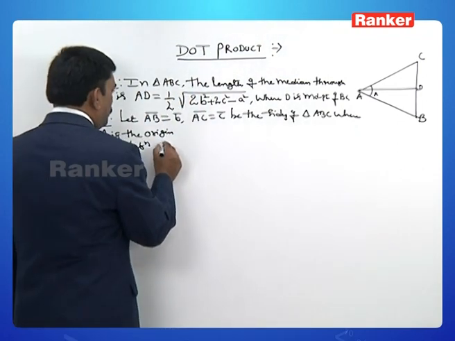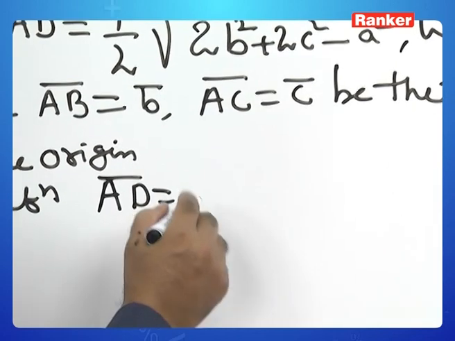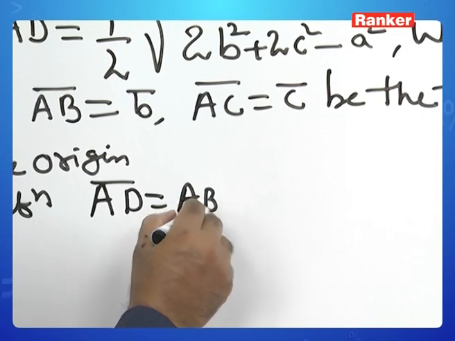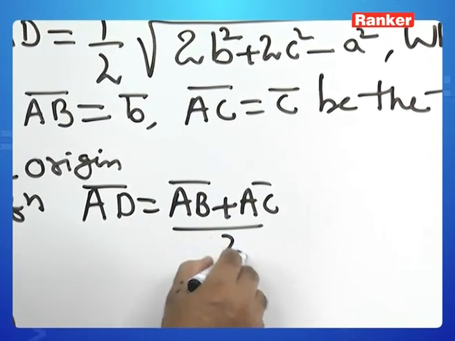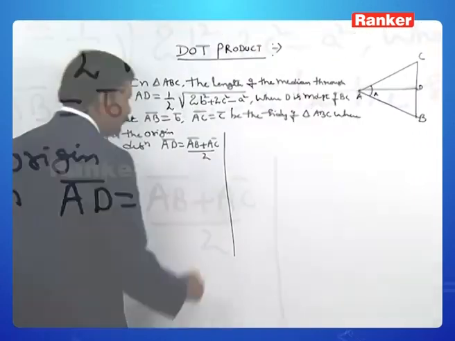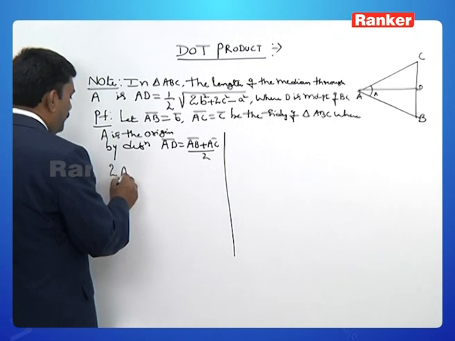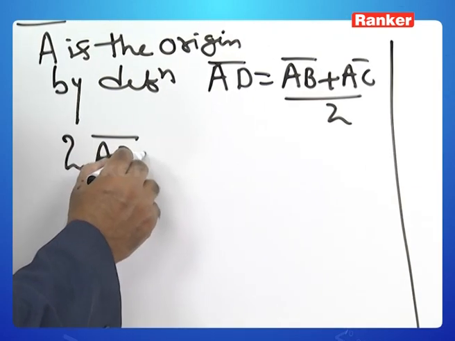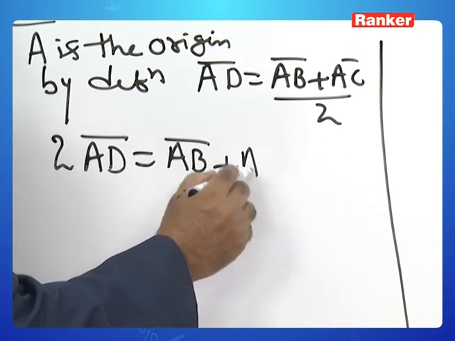By definition, AD bar is equal to AB bar plus AC bar by 2. Cross multiplying by 2, we are given 2 AD bar equal to AB bar plus AC bar.